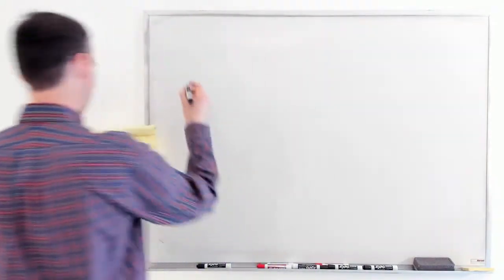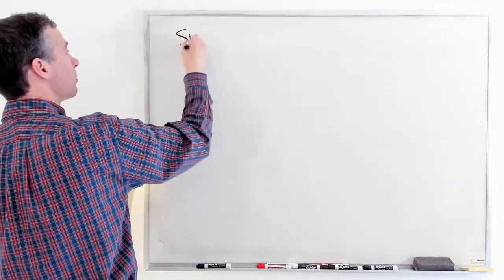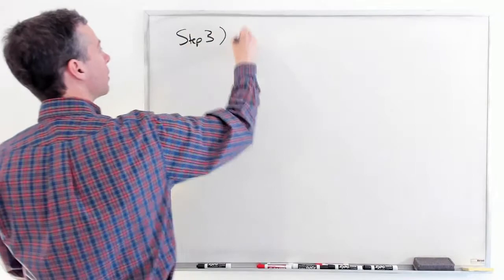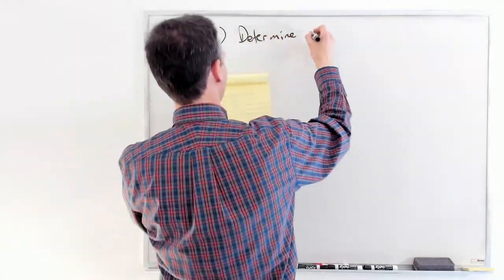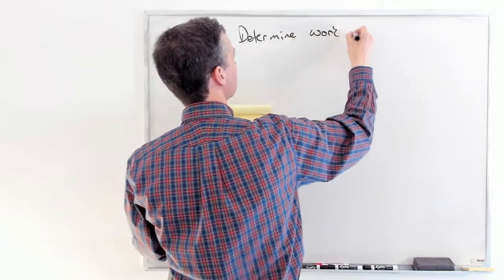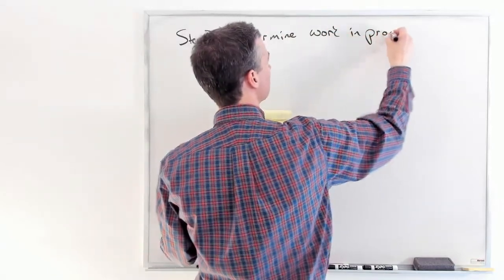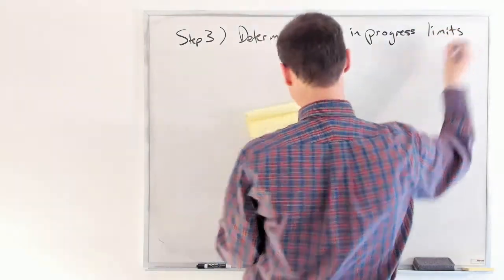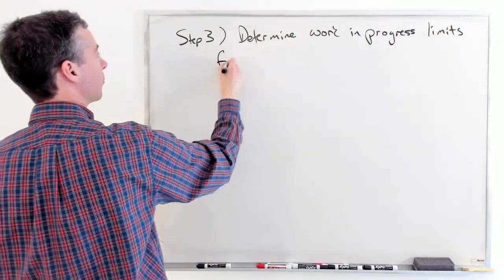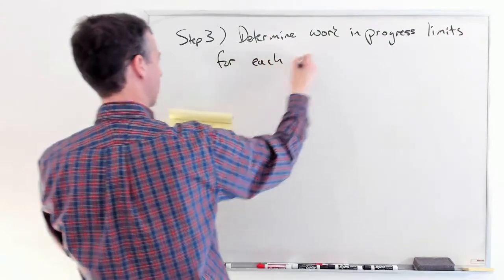Okay, so our step 3 is to determine work in progress limits for each step of the workflow.